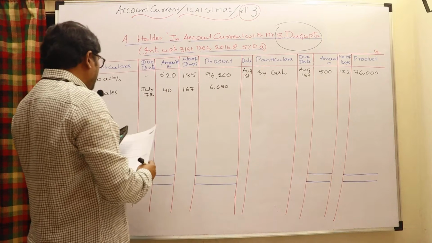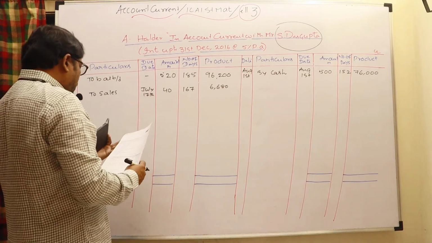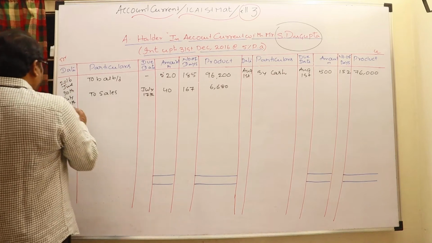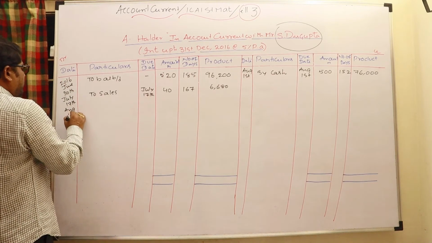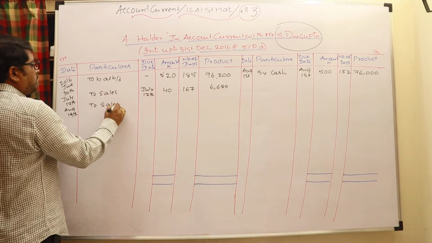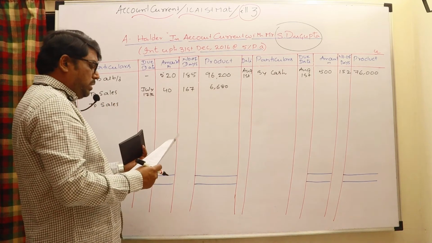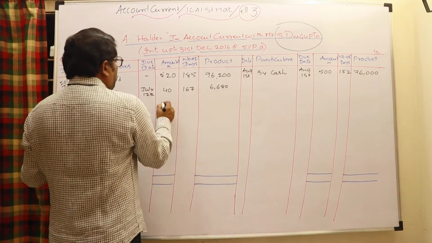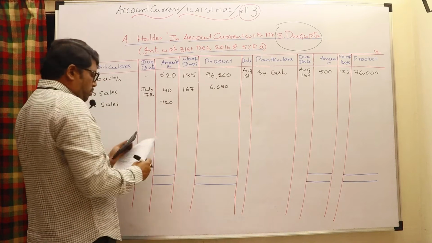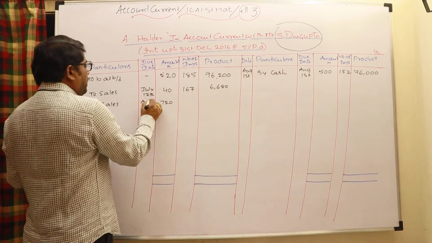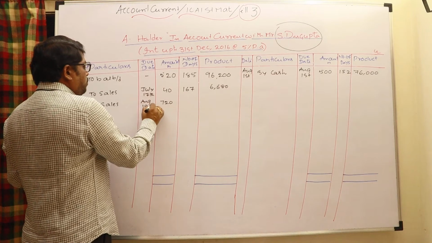The next one: August 19, goods sold to holder, 720. Holder account debit to sales, August 19th, to sales, amount 720. Separate due date is not given, therefore August 19th itself is the due date.